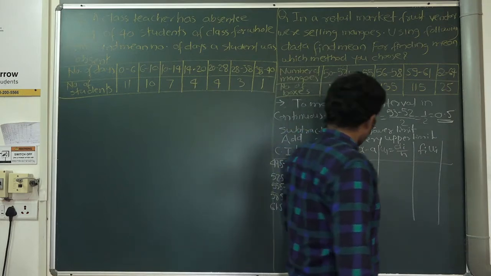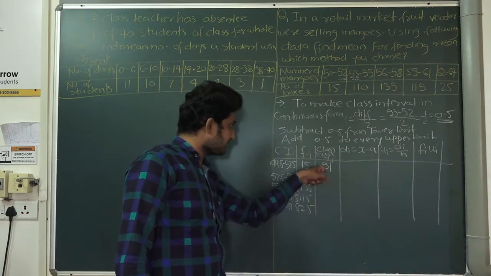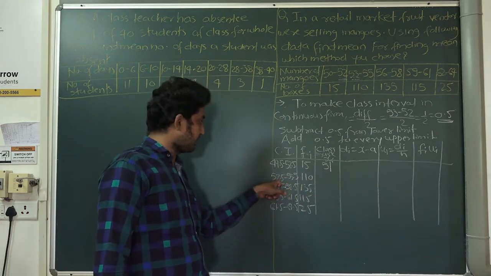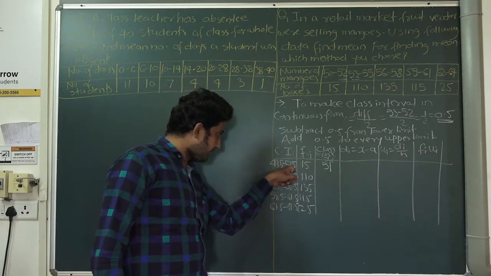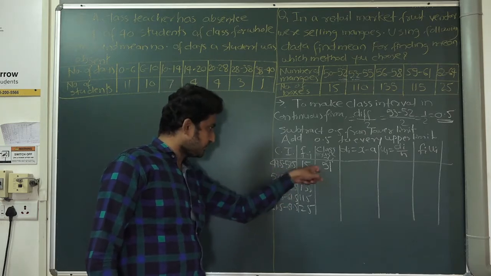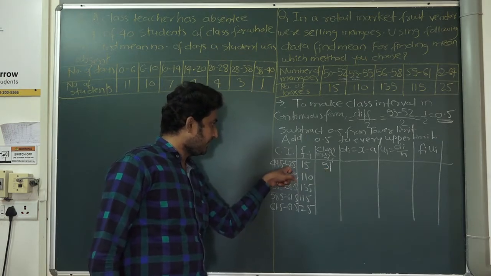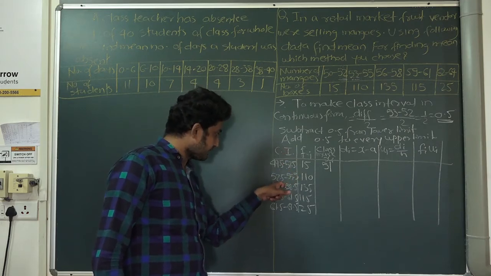So we have to add 3 to every class mark to get the next value of xi, or you may repeat the same process, lower limit plus upper limit divided by 2, or you may add the common difference to this. Here the common difference between 49.5 and 52.5 is 3.